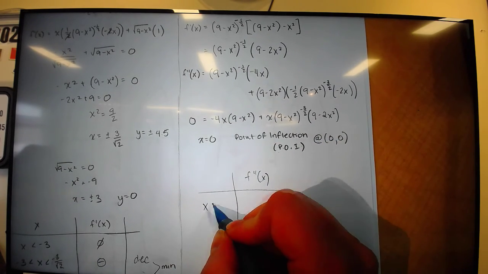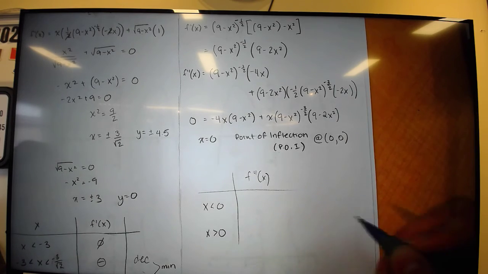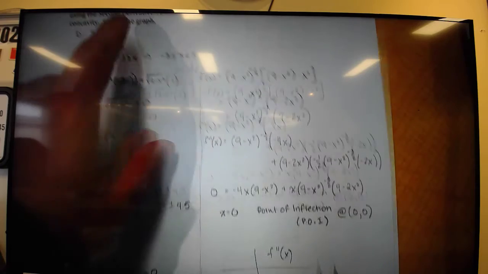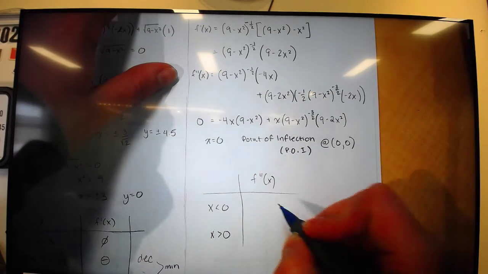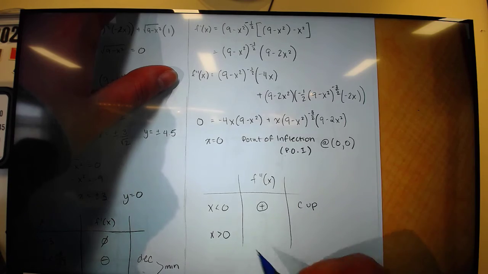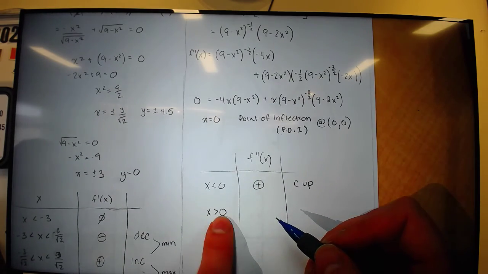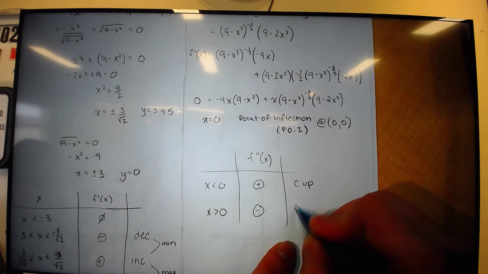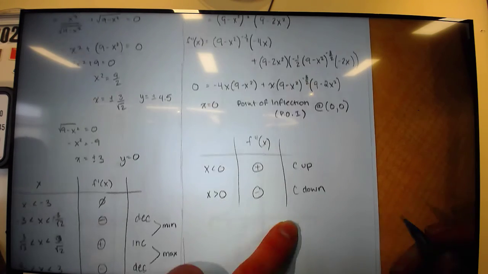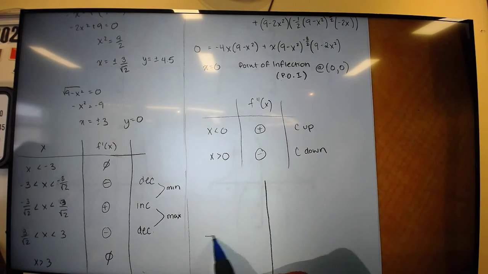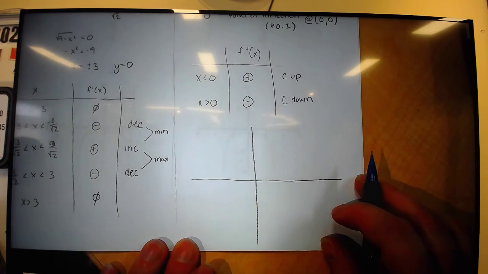So we're going to go x is less than 0, x is greater than 0. So if I plug in negative 1, say, to this one, then I get a positive value. So there's my concave up. If I plug in, say, positive 1, then I'm going to get a negative value, and then this is concave down.